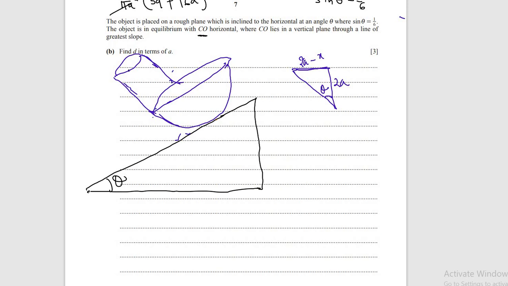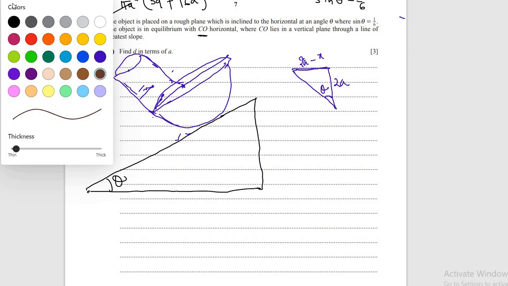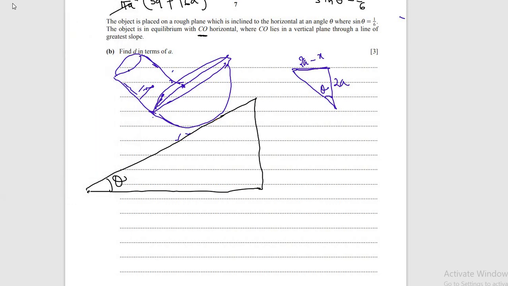Now, let's go from here to here. From here to here is our bar X. So somewhere here is bar X. Somewhere here is bar X. Bigger.